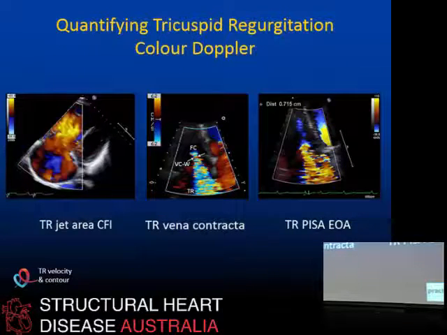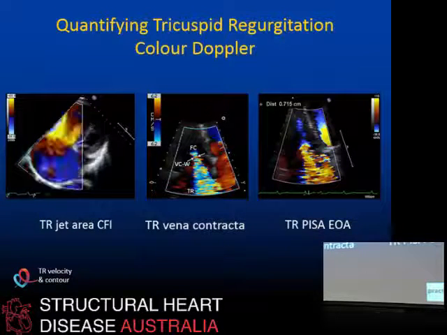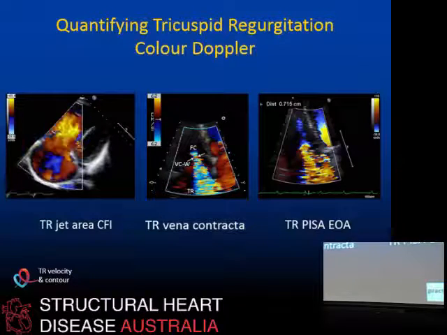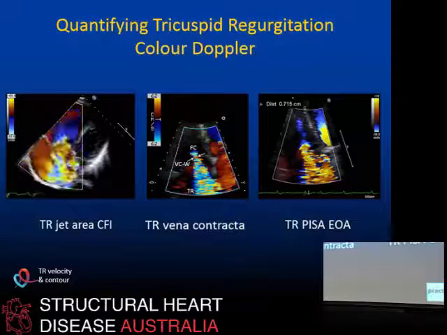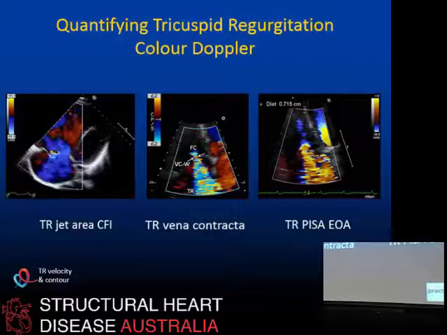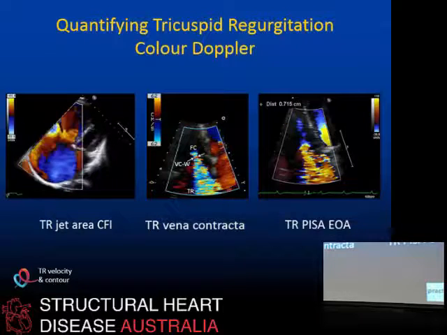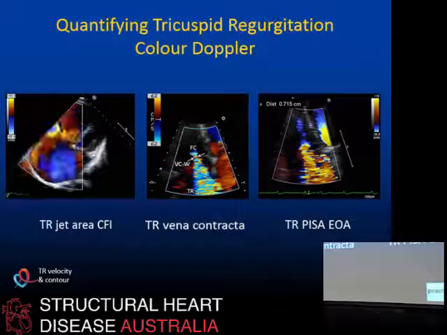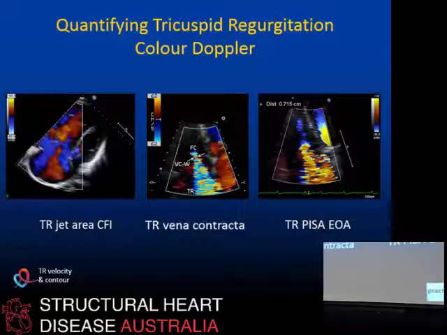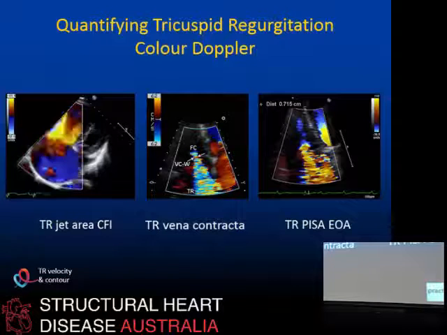Colour Doppler examination of tricuspid regurgitation is the mainstay of qualitative and quantitative assessment of this valve. The tricuspid jet area is a semi-quantitative way of determining the severity of tricuspid regurgitation. But as we know, there is some overlap in the grades using this methodology.